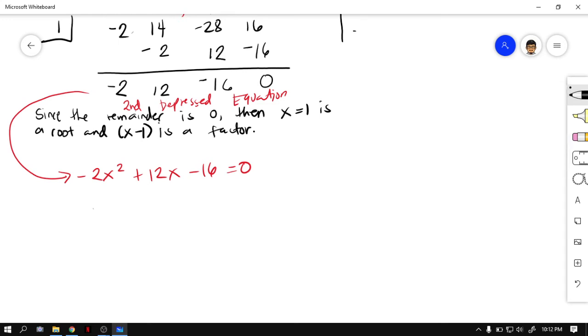If you will be observing the given numerical coefficients, say negative 2, positive 12, and negative 16, they can all be divisible by 2, correct? So, para mas mapadali ang pagfa-factor natin nito, pwede nating i-reduce yung equation. Paano? By dividing the whole equation by, syempre kailangan mo, you have to get rid of the negative.